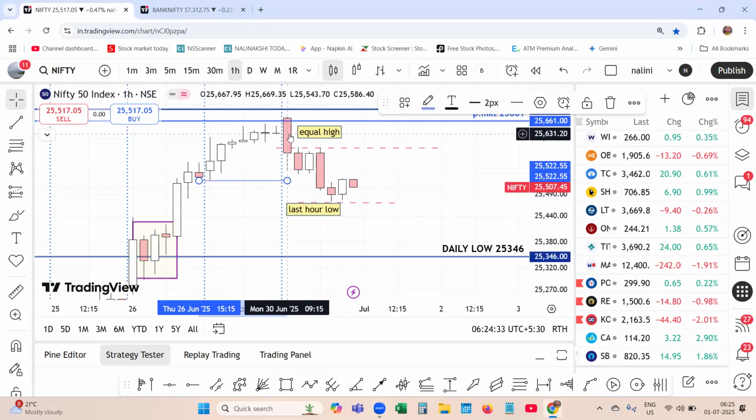What the market has done is, it has gone above the previous day high and came down below the previous low and closed.